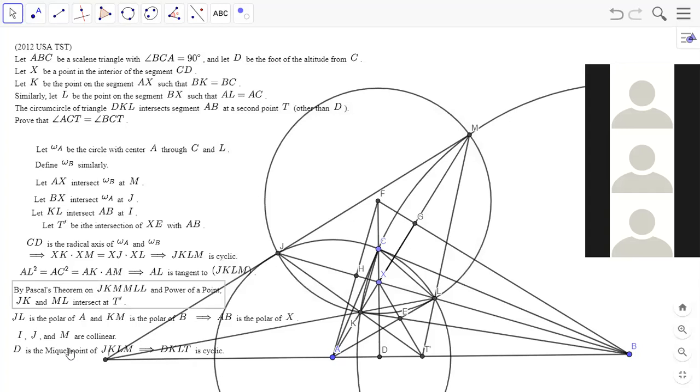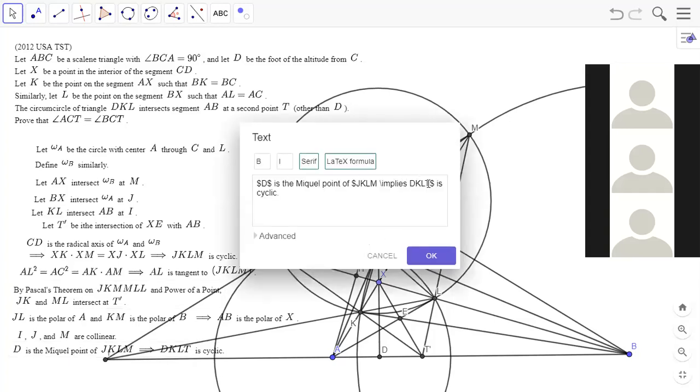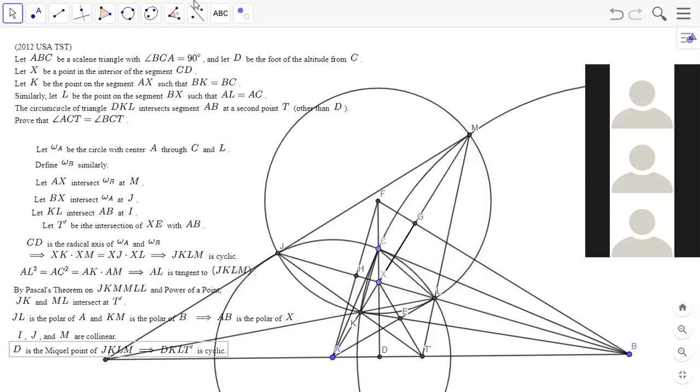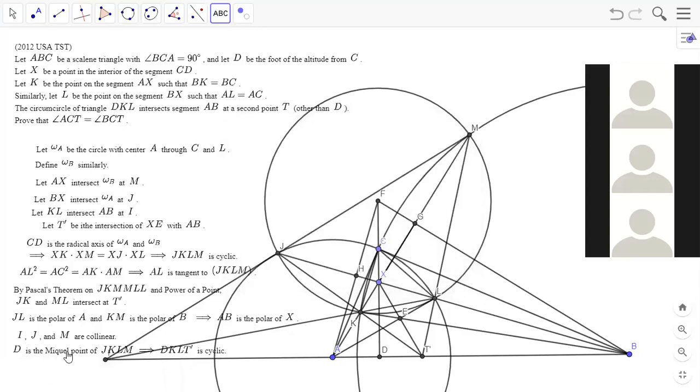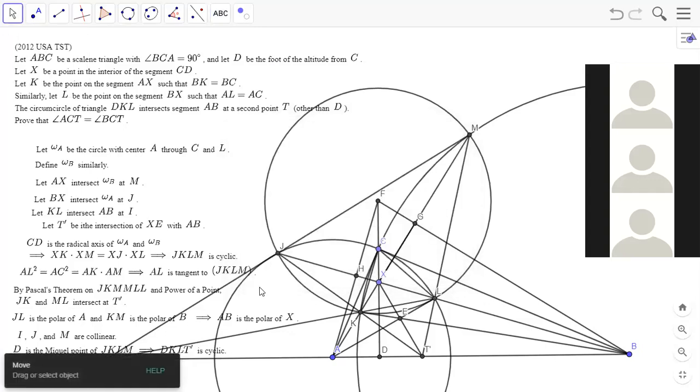And then we have DKLT prime is cyclic. So we have T prime equals T. So I'll just add that right here.